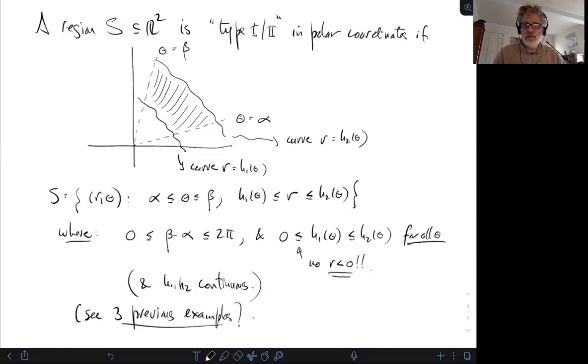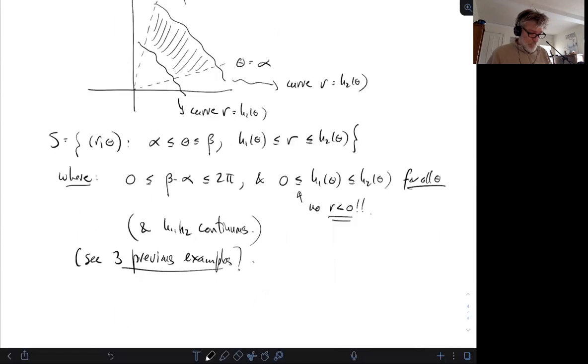Let's keep this here. Okay, so here's our theorem. If you remember in Cal 2, the substitution rule, this is an analog of the substitution rule. In fact, there is a very general theorem for double and multiple integrals in general, which is the change of variables theorem.